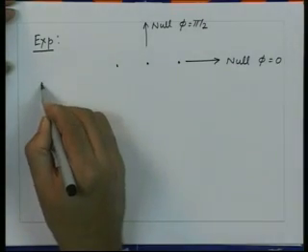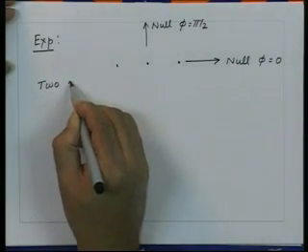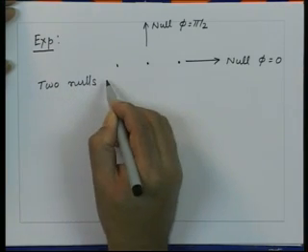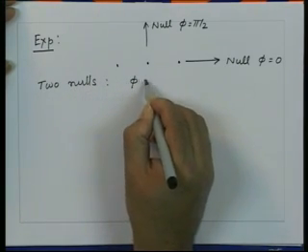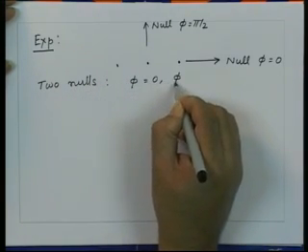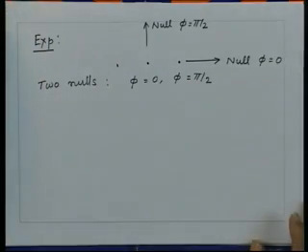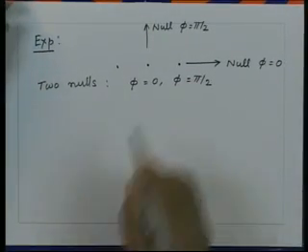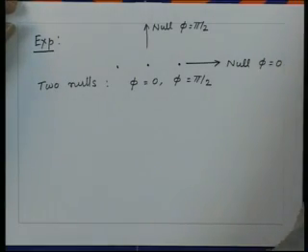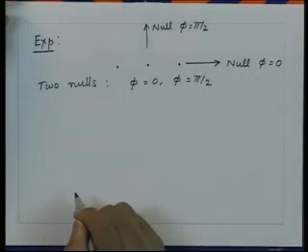So, we have two nulls in the radiation pattern at phi equal to 0 and at phi equal to pi by 2. Now, taking the inter element spacing d equal to lambda by 2.